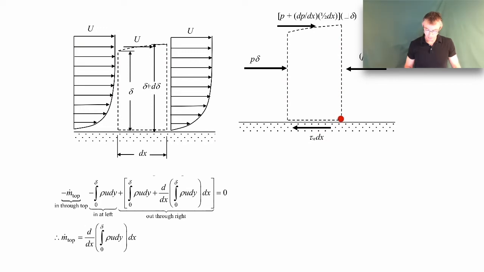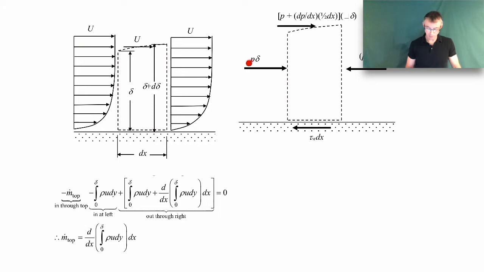Over here, that pressure force could change a little bit, so it's the pressure force that we start with on the left-hand side, plus how that pressure force can change with respect to the x position, times how far we've moved to get here, which is dx. So this is that Taylor series approximation. And then on the top, there could be a pressure force as well.